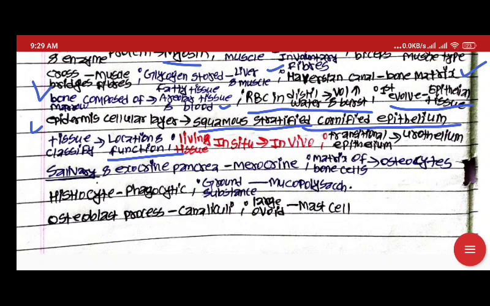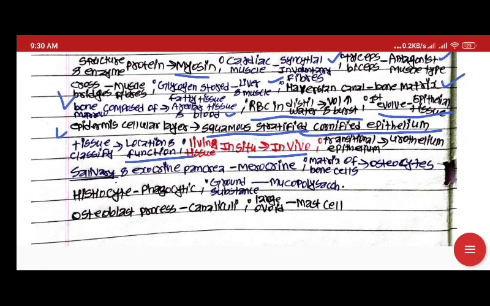Now living tissue in situ is called in vivo. Transitional epithelium, other name is what? Urothelium. Salivary and exocrine pancreas all come under merocrine gland, meaning the cell material is not destroyed. Salivary gland does not destroy cells.